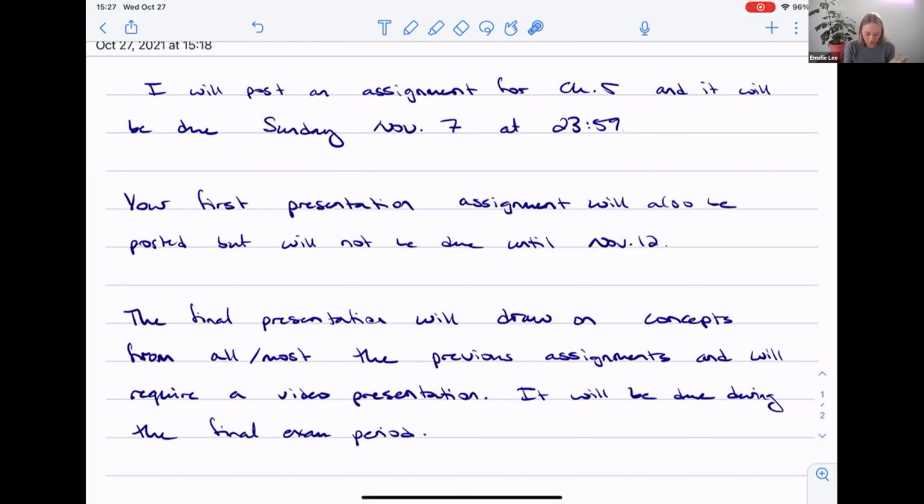So really what you're practicing with the presentation is, yes, of course, public speaking, it's scary, blah, blah, blah. But also, are you able to condense information? Are you able to pull out the most important things that you found so that you can deliver them in 5 minutes? You pretty much don't have time to say anything in 5 minutes.